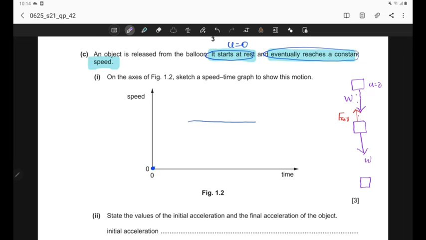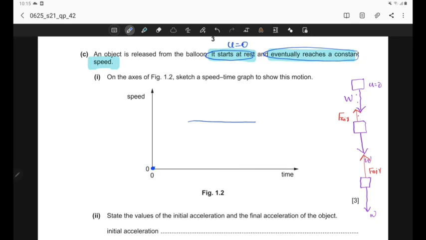So the object's speed will keep increasing, which will cause its air resistance to increase. So air resistance will keep gradually increasing, which will cause the acceleration to reduce.